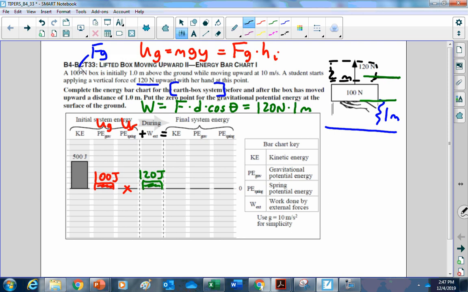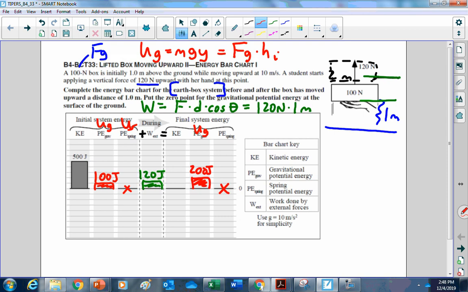Now the final potential energy is really easy to calculate because I know that the box is now 2 meters above the ground, so UG is now 200. So I'm going to come up here to the 200 joules.